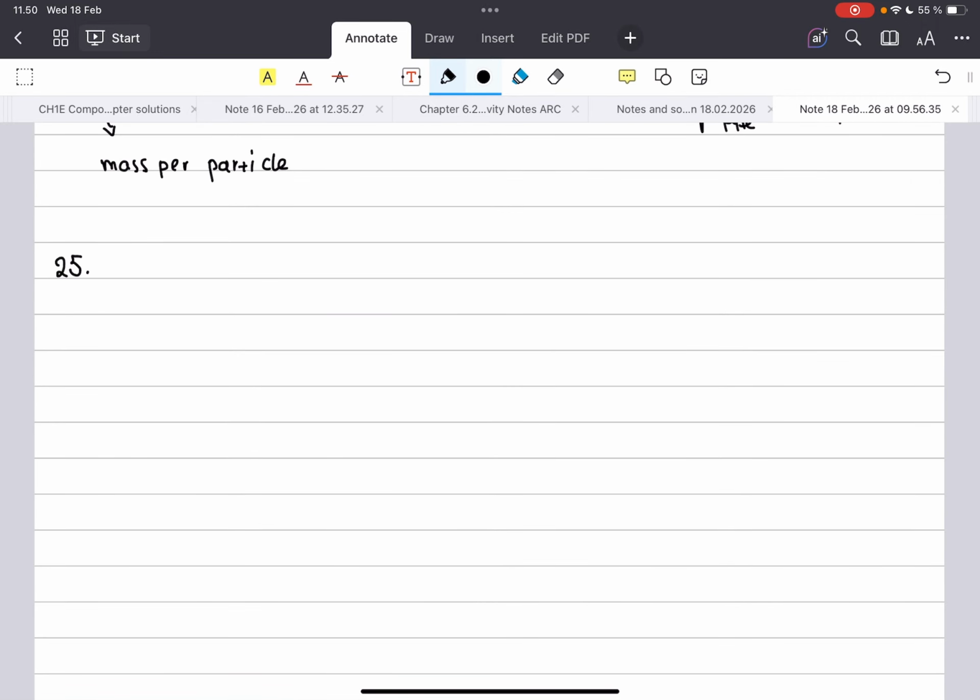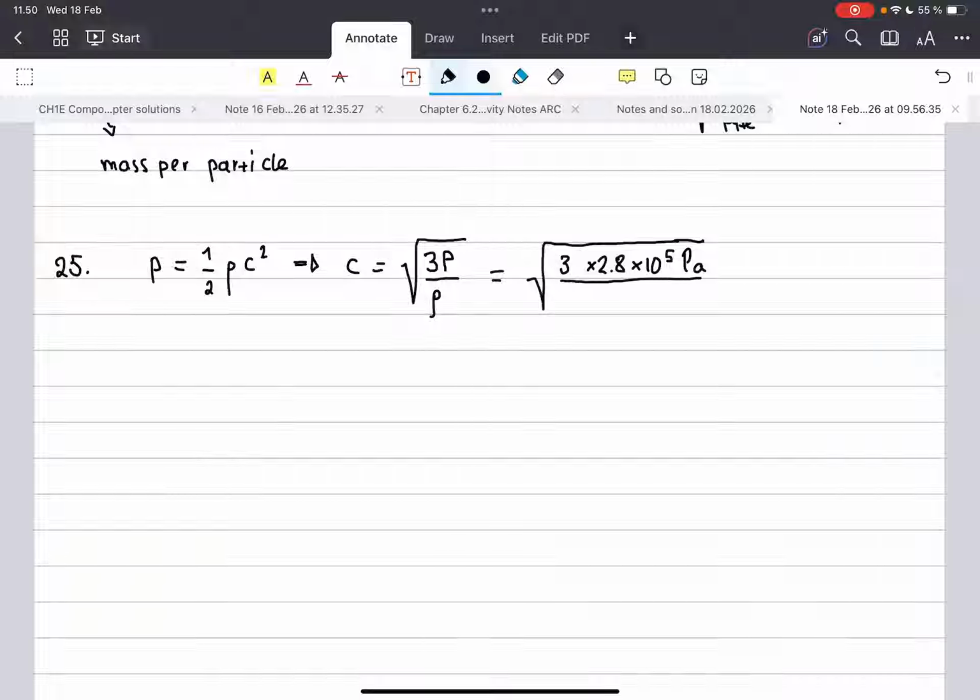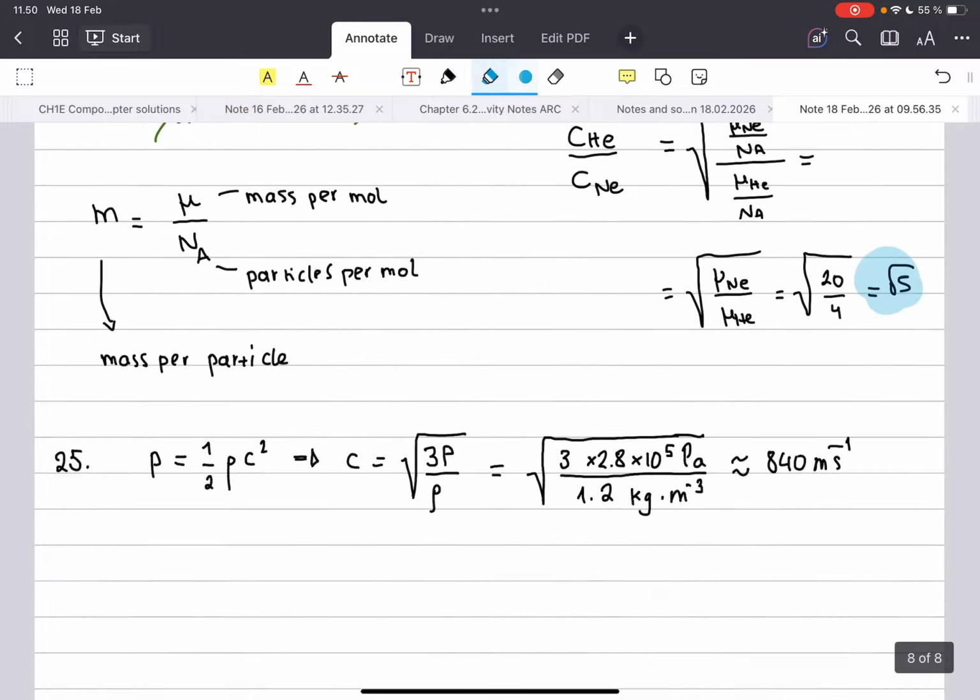So for 25, you're going to have P equals a third rho C squared, and you want to solve for C, which is the square root of 3P over rho. That is the square root of 3 times 2.8 times 10 to the 5 pascals, divided by the density, 1.2 kilograms per meter cubed, and you will get roughly 840 meters per second. So this was the answer on 25.